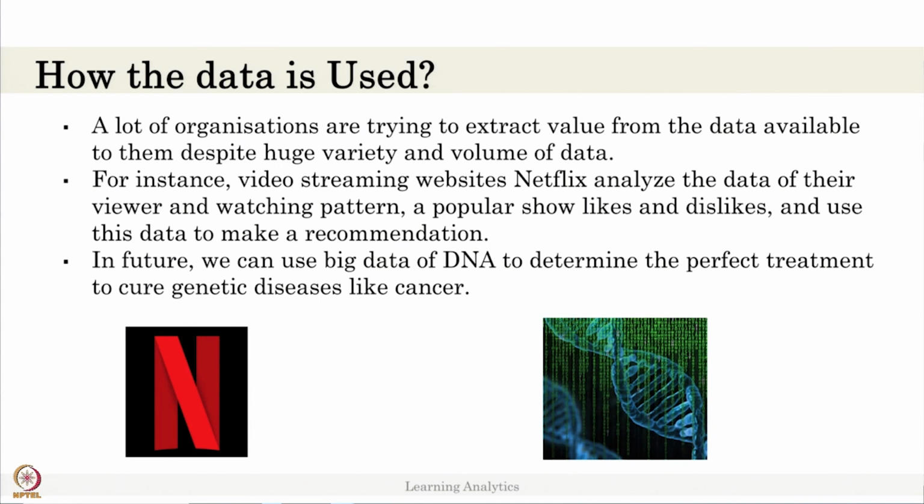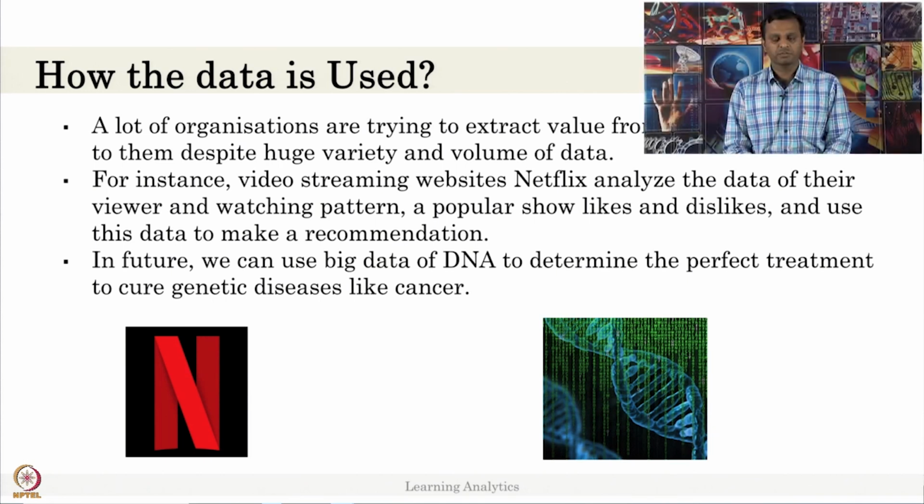In future, we can use big data of DNA and the systems can come up with the cure for diseases like cancer or malaria. It is possible because a lot of DNA data of humans and a lot of medical data is available. We can use those data, and we might come up with the cure for these diseases.